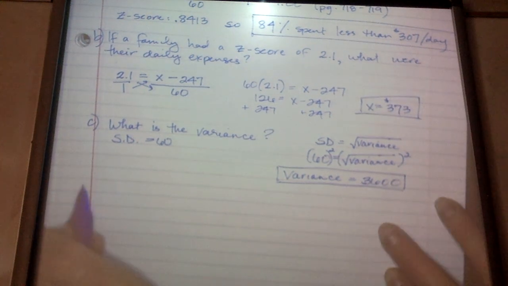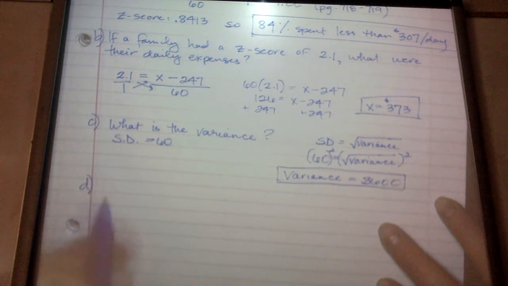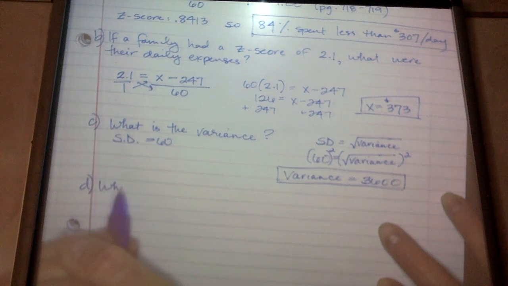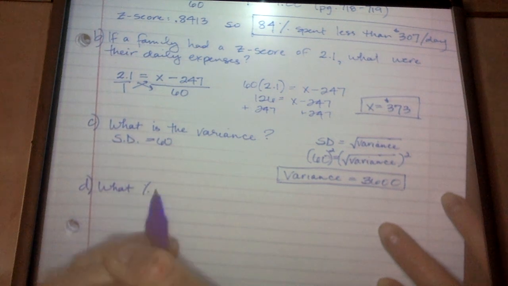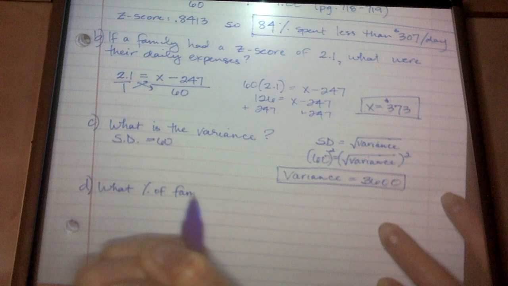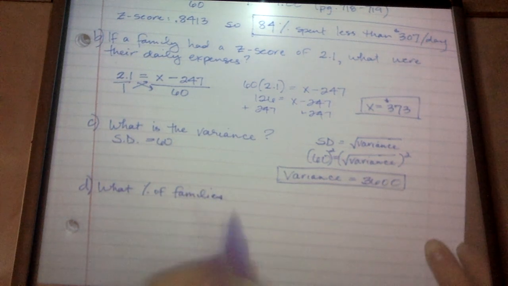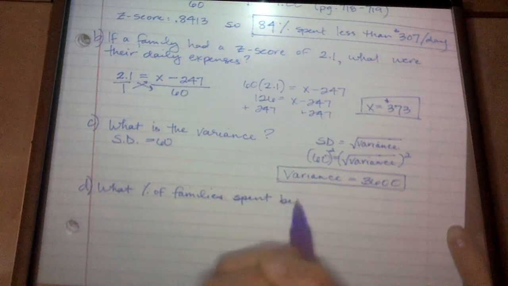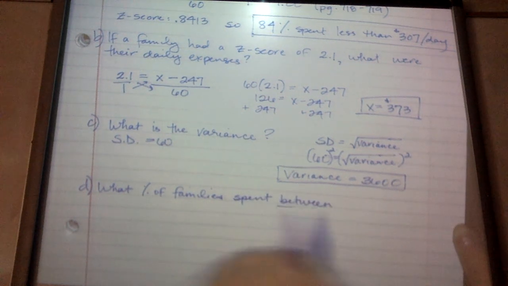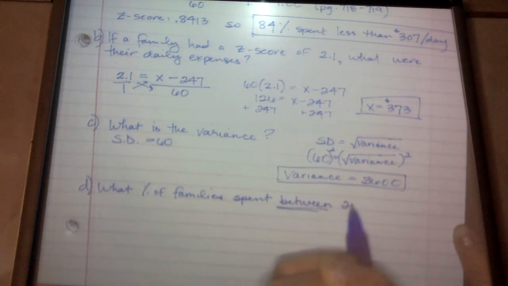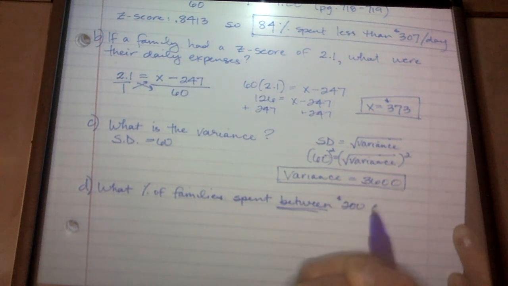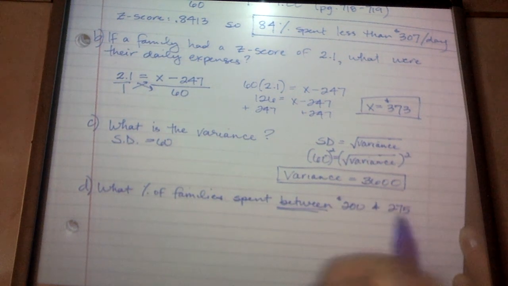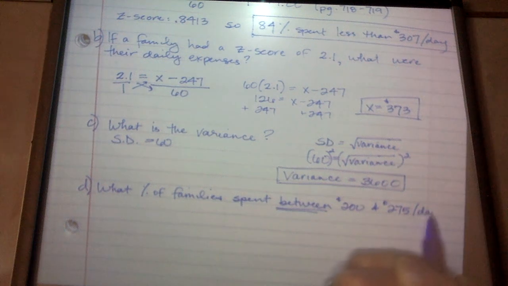All right, last part, super, super important because you will have one like this. What percent of families spent between, really important, $200 and $275 a day?